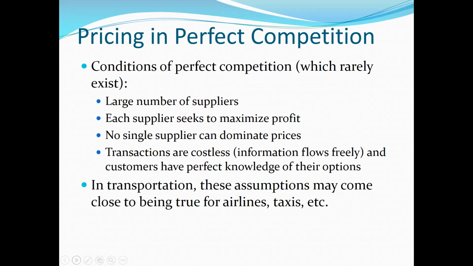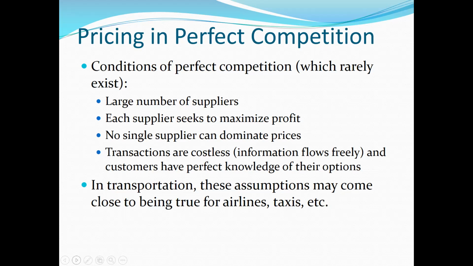No single supplier can dominate prices, and transactions are costless, meaning you can figure out what it's going to cost you very easily, and you have that information as a consumer available rather easily. Consumers have perfect knowledge of their options. And if you make one transaction with one provider, for the next transaction you're not tied to that same provider. So transactions remain costless.